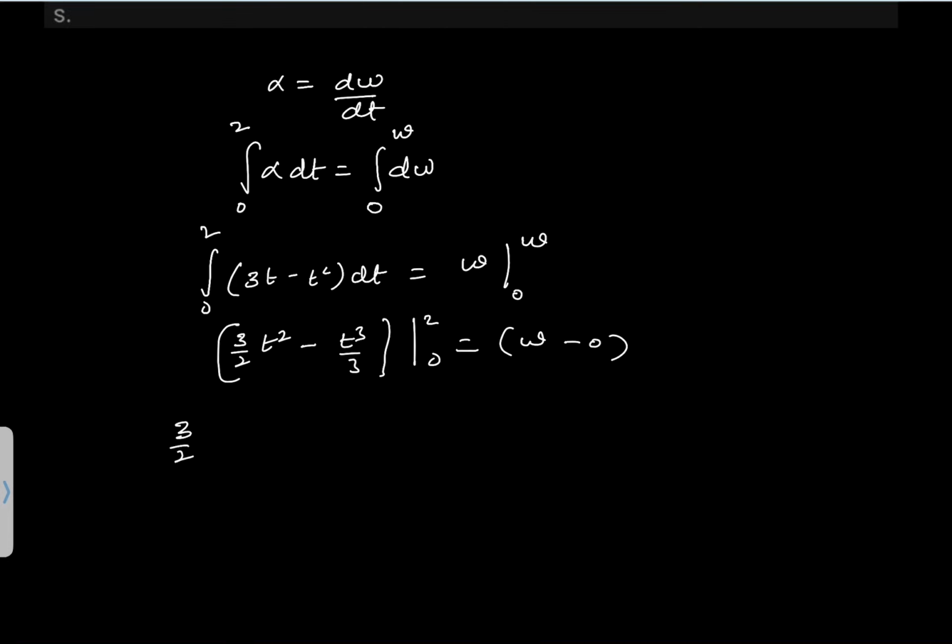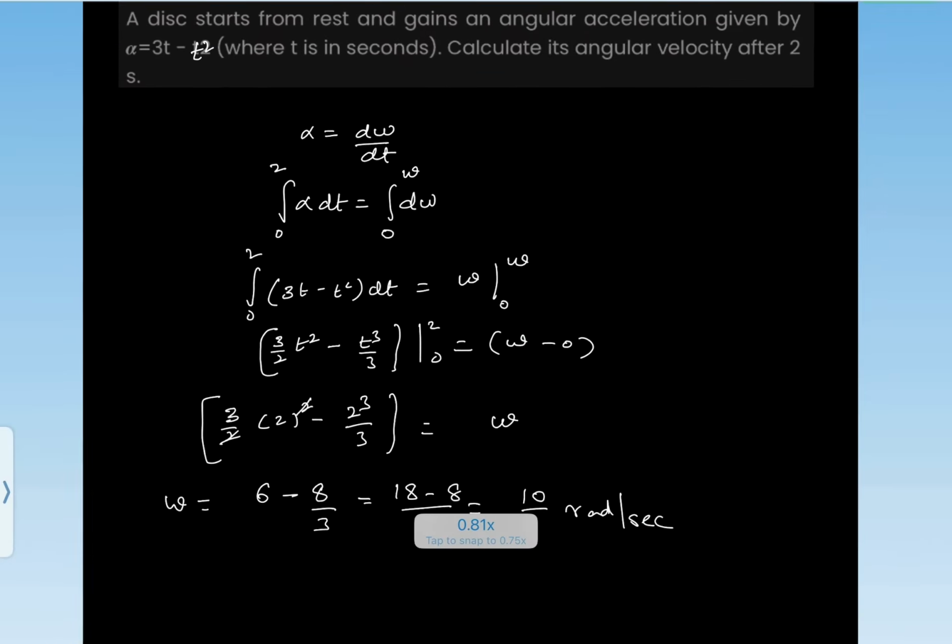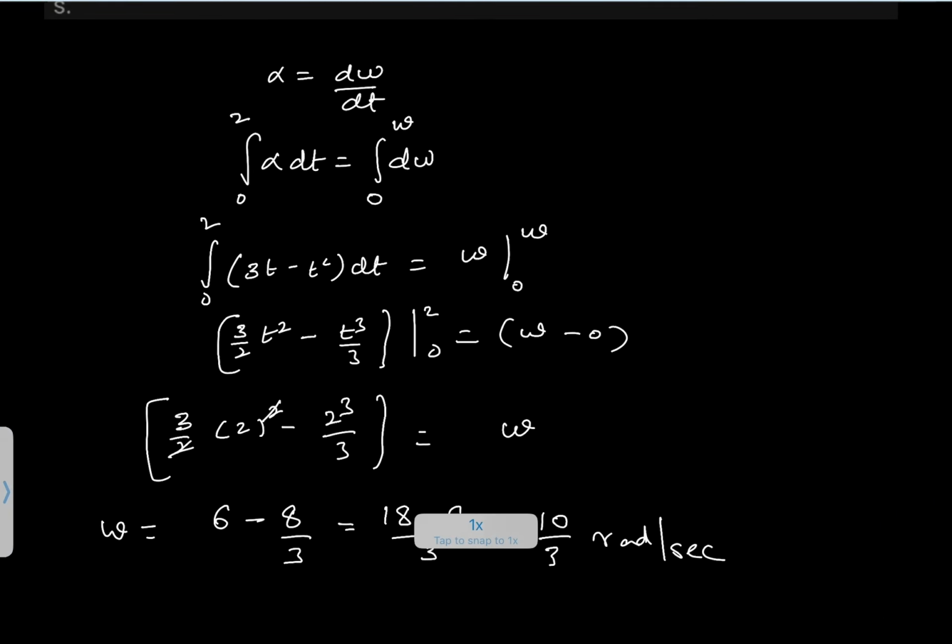So it will become 3 by 2 into 2 square minus 2 cube by 3 equals omega. The 2 will cancel here. It will become 6 minus 8 by 3. If you simplify this, 18 minus 8 by 3. Finally, I'm getting 10 by 3. So my omega value will be 10 by 3 radians per second at 2 seconds. So yes, the answer is 10 by 3 radians per second.